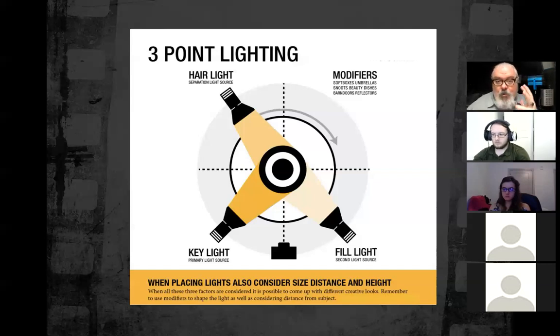We want some shadow for shape, but not enough shadow for the audience to read other subtext into it. We might use a fill light, and the fill light is designed to work in opposition to the key light in a way that it brightens up the shadows created by the key light. So the fill light is a secondary light source. It's not as bright or intense as the key light. And depending on how much of that fill light we use, we can control the level of contrast from very low to very high, right?